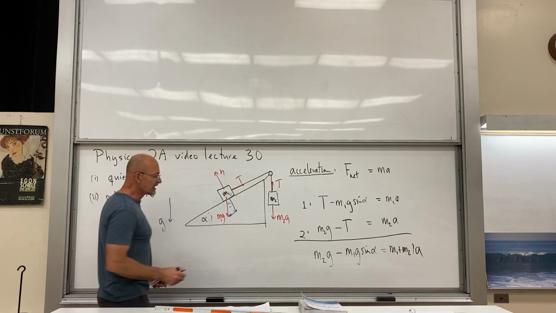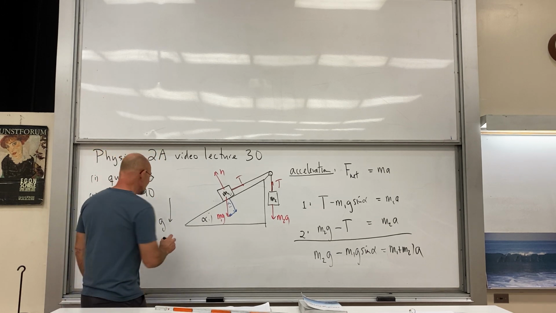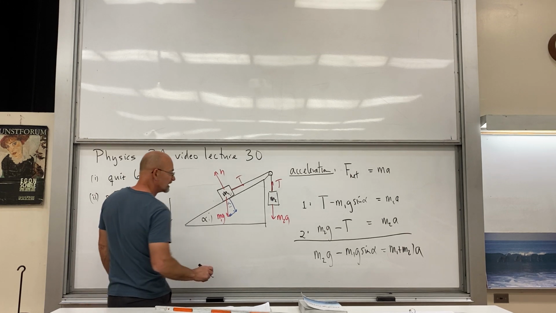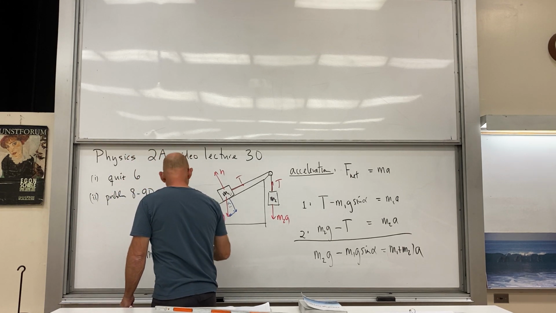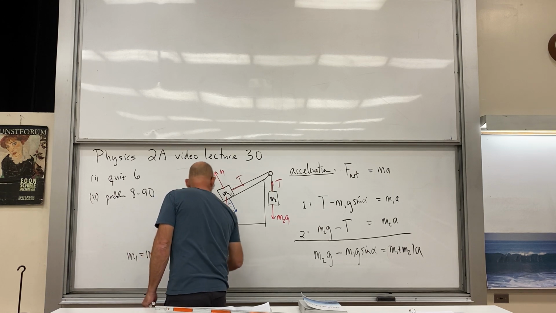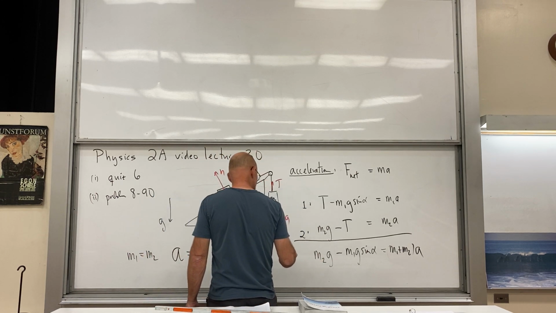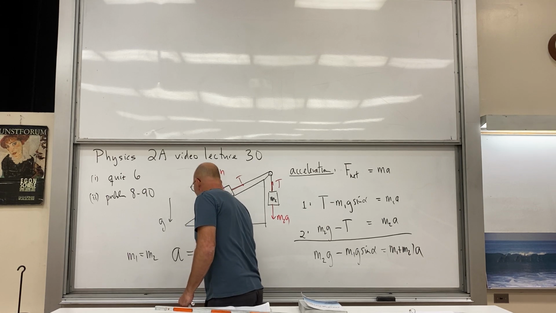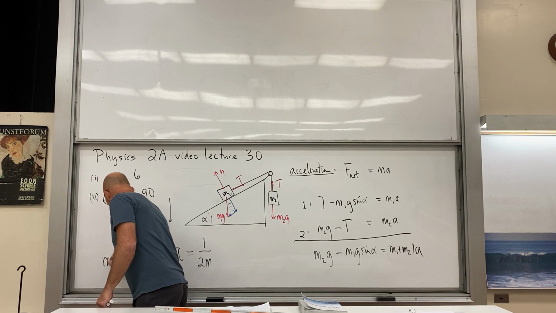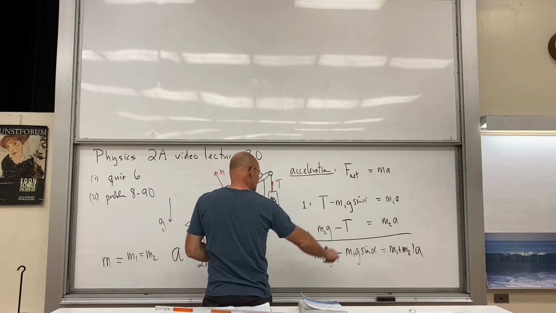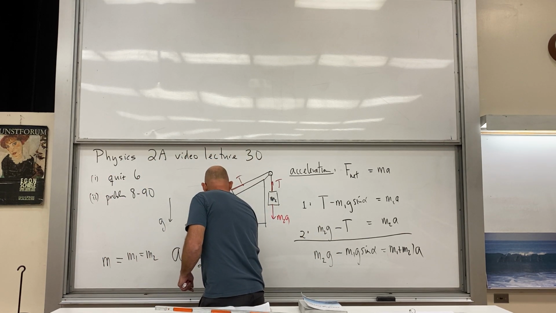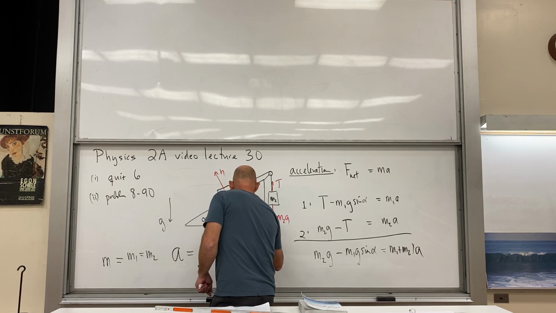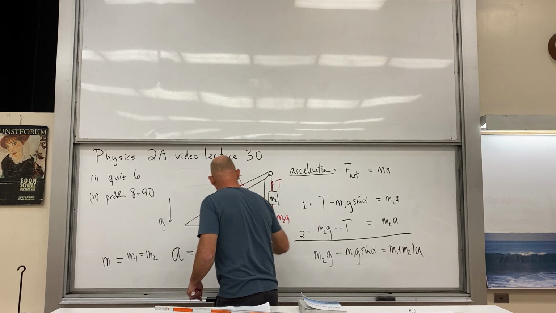Now, at this point, I think I'll specialize it for equal masses, M1 equals M2, because you'll see we get a nice simplification. We're going to get A is equal to, M1 equals M2 is just going to be M, so we have 2m, and then we have mg minus mg sine alpha.